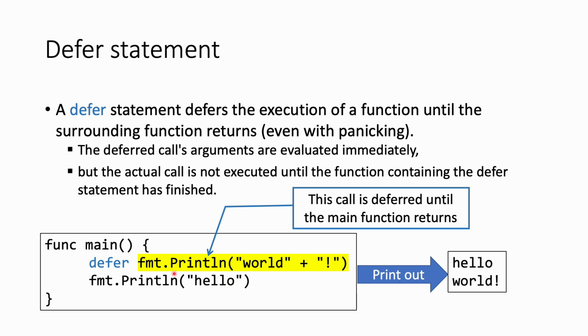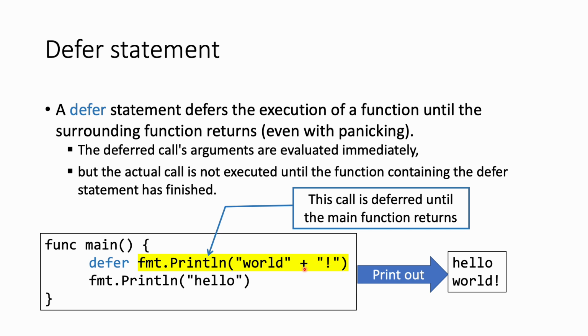So in this example, the deferred call is the call to the function Println, which has arguments words plus exclamation point.